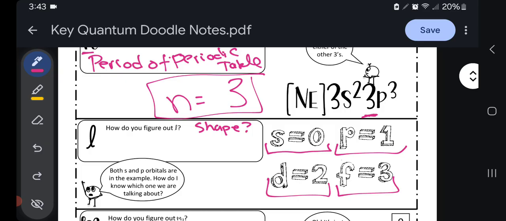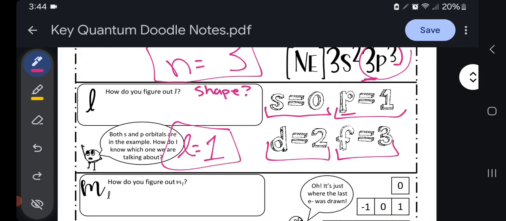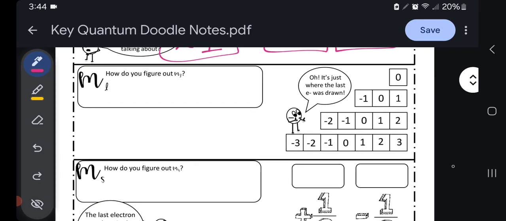We look at the last one that filled. It filled a p. That last electron was right here in this exponent. So l equals 1. These numbers describe our last electron and therefore our reactivity and so much more.